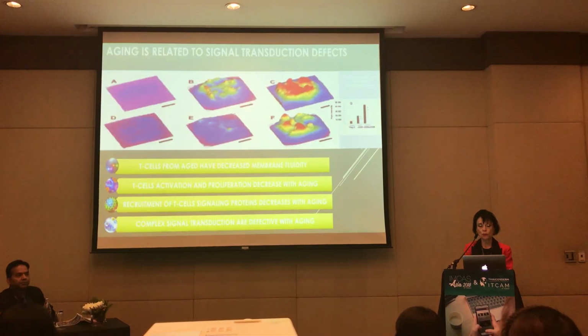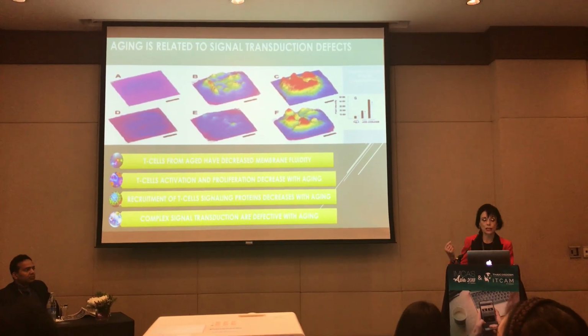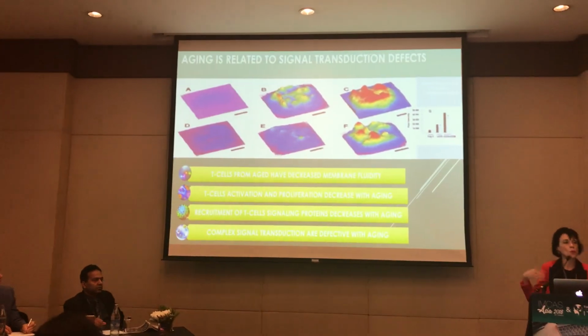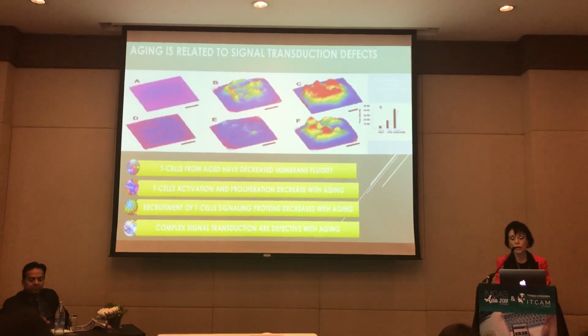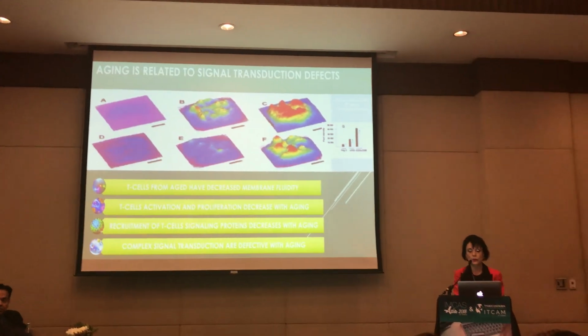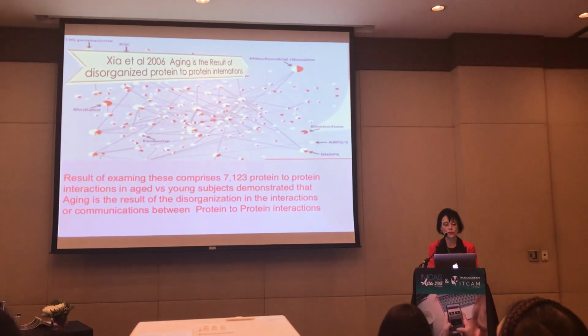What you saw before here is the young cells and the aged cells, and you can see the difference. The more red means there is more cellular communication in the young and much less in the aged. This is a significant difference that is due to histological research.